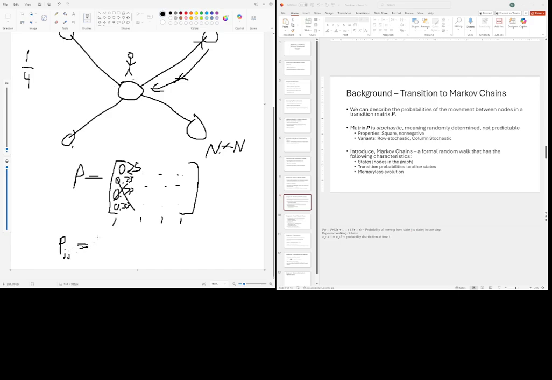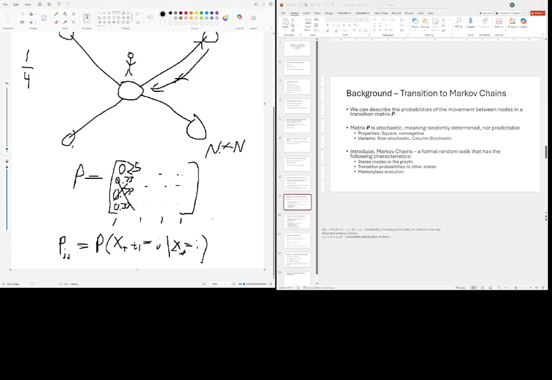Probability that X at t plus 1 equals j given X at t equals i.